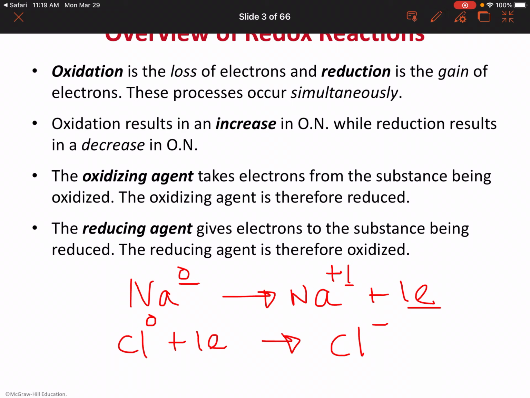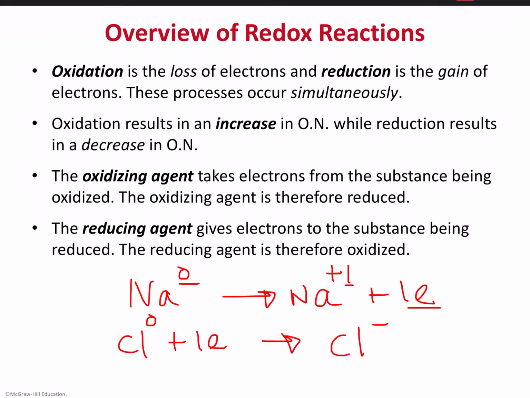In an oxidation, it increases the oxidation number, while reduction results in a decrease in oxidation number. Oxidation increases the number, reduction decreases. This can go from 0 to +1, +2, +3. And this can go from 0 to -1, -2. Similarly, it can also go from -1 to -2. Or -1 to 0 would be an oxidation because the number increases.